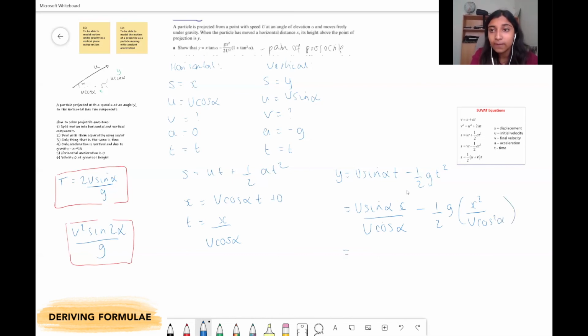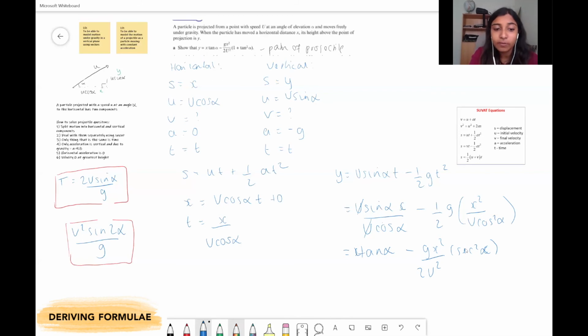Then if we simplify this, our u's would cancel here. Sine alpha over cos alpha is just tan alpha. So that's just x tan alpha minus, we know that 1 over cos squared is just sec squared. So you get minus g x squared over 2u squared times sec squared alpha.